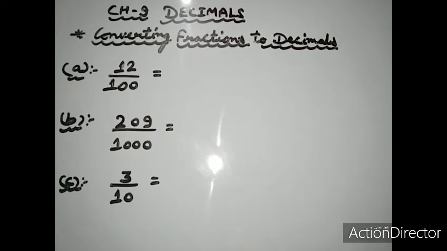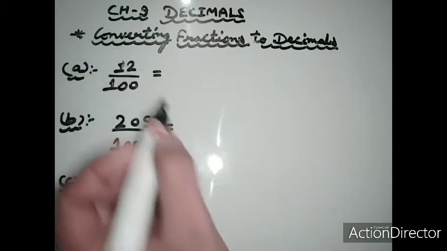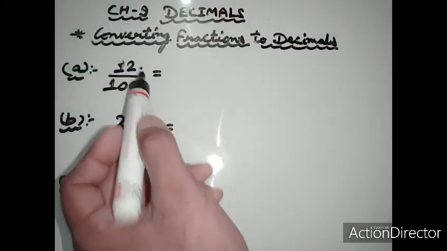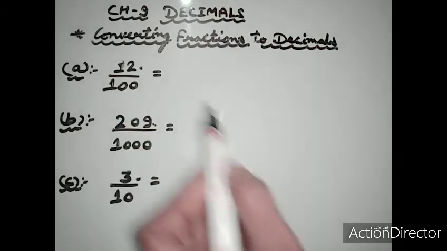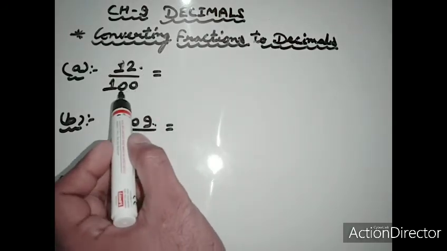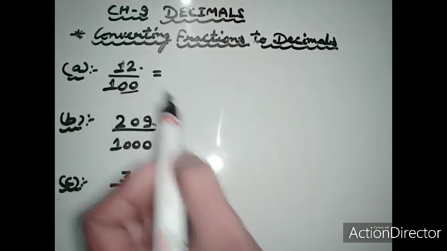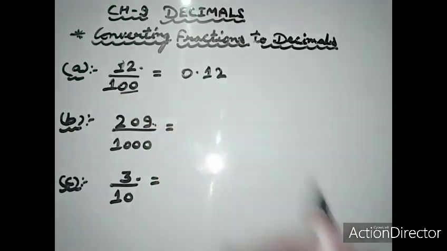Okay students, so now 12 upon 100. I already told you, if the decimal is not mentioned with the number, the position of the decimal is the last end of the number. What is the total number of zeros here? 2. So the decimal jumps 2 places to the left hand side, so we write 0.12.